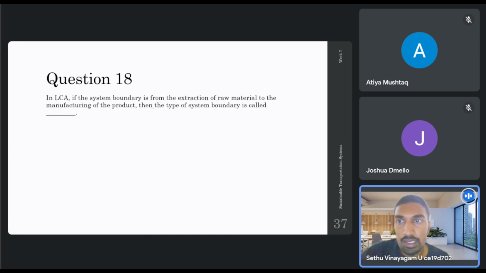Okay, question number 18 is, in LCA, if the system boundary is from the extraction of raw material to the manufacturing of the product, then the type of the system boundary is called dash.